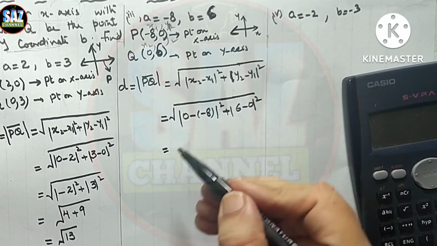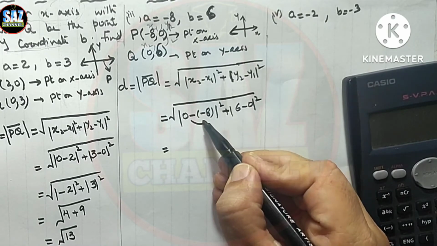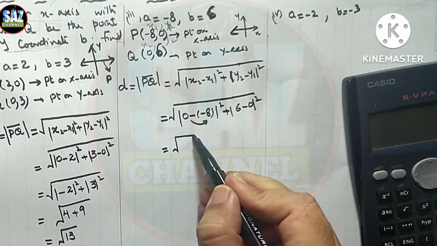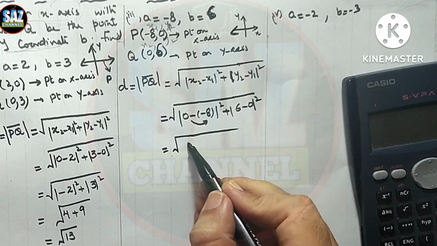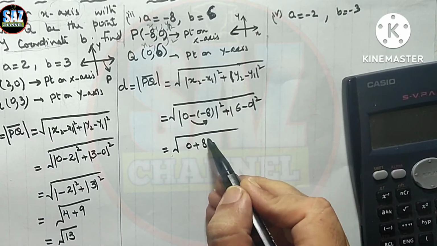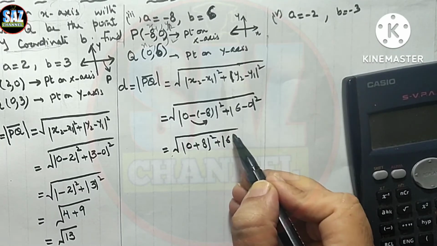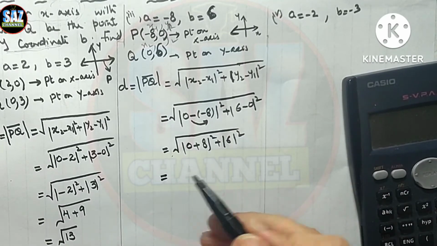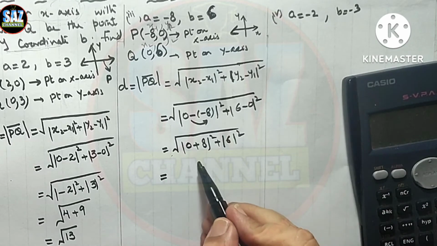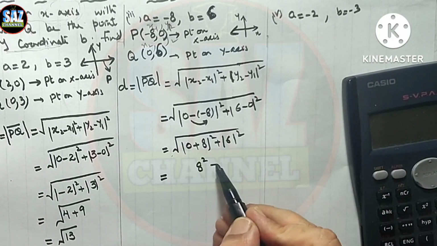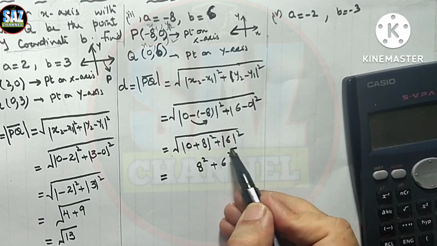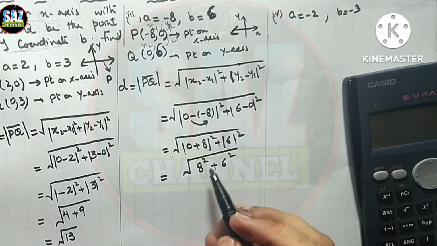Minus multiplied by minus will become positive. This will become (0 plus 8) whole square plus 6 minus 0 is 6 square, and 0 plus 8 is 8 square plus 6 square. Now recall the squares of 8 and 6.